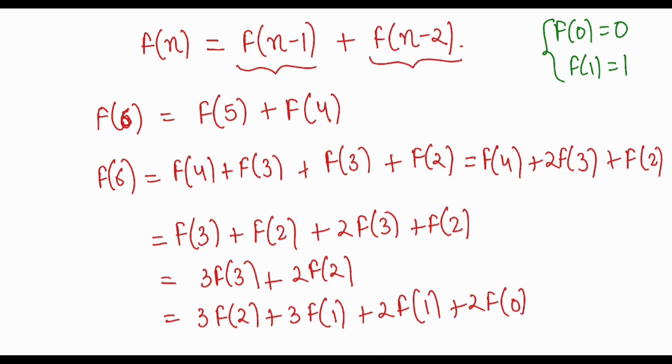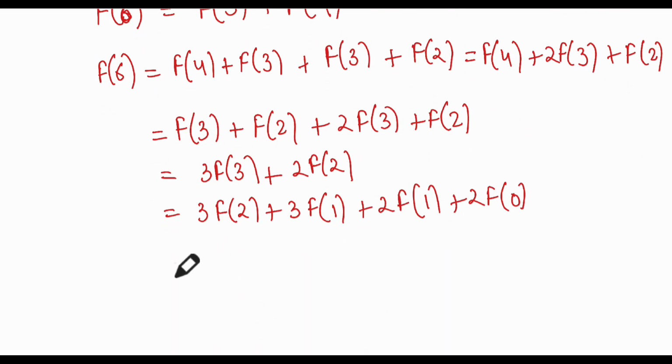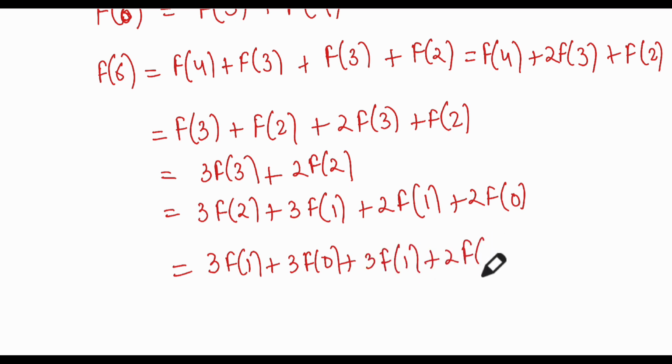Okay, now let's go a little bit down. So it will be equal to 3 times Fibonacci of 1 plus 3 times Fibonacci of 0 plus 3 times Fibonacci of 1 plus 2 times Fibonacci of 1 plus 2 times Fibonacci of 0.